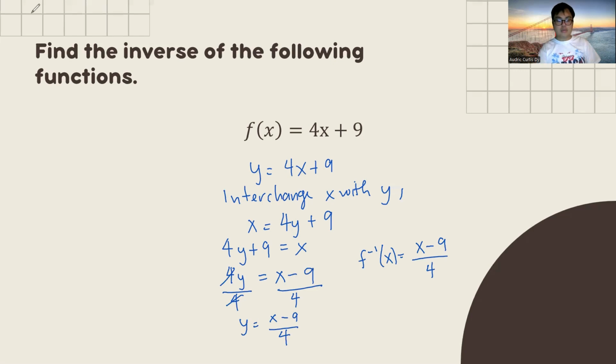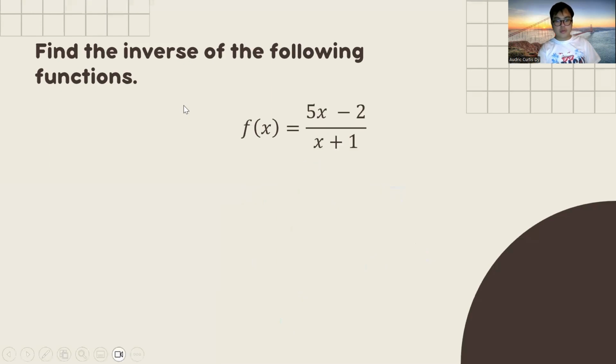Okay, so last but not the least, keep in mind that this is a rational function because this involves fractions. So we're going to do the same thing. However, this is a bit challenging, huh? So interchange x with y.